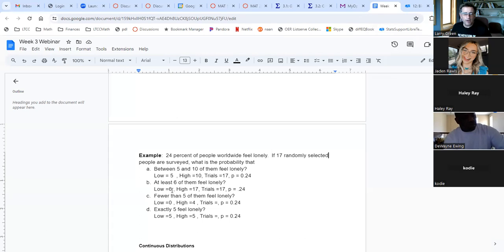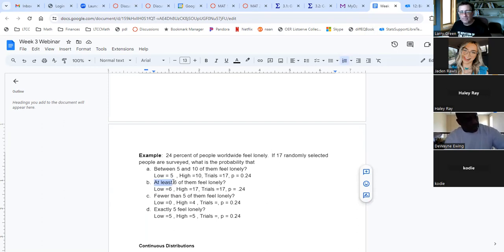For part B, at least 6 of them feel lonely. It's very important to be able to look at words like "at least" and know what they mean. The smallest number that could be at least 6 is 6. At least means 6 or more.